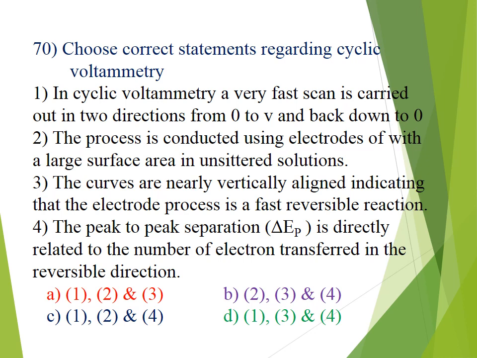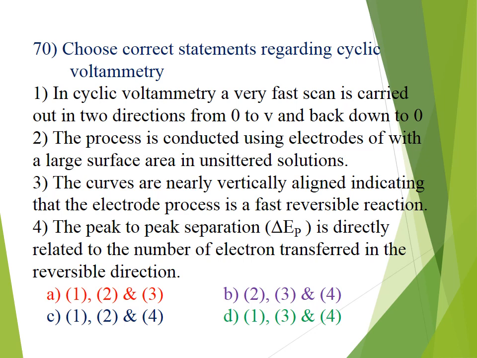Last question 70. Choose the correct statement regarding cyclic voltammetry. 1. In cyclic voltammetry a very fast scan is carried out in two directions, from 0 to V and back down to 0. 2. The process is conducted using electrodes of large surface area in unstirred condition. 3.